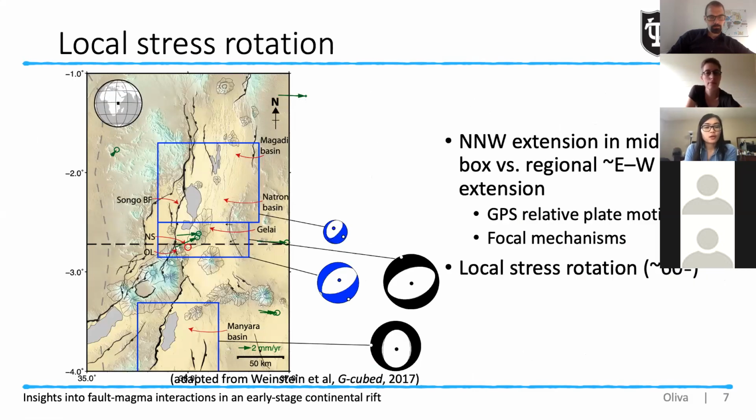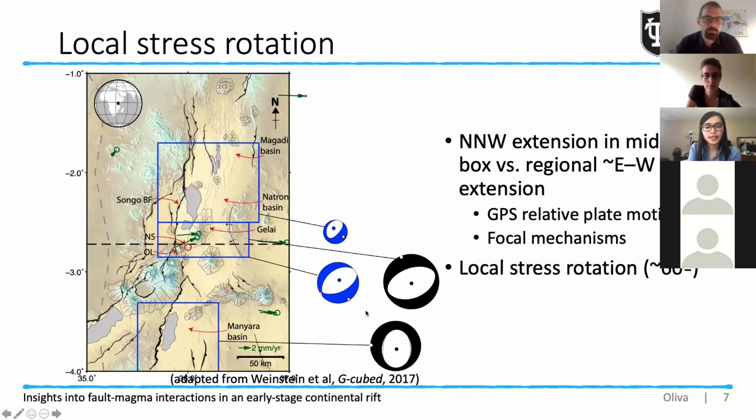This area also shows a very interesting local stress rotation. So here we have summed moment tensors, some focal mechanisms from these different regions in the area. Black beach balls represent summed teleseismic earthquakes dating back to 1964, while the blue beach balls are from local earthquakes from the 2013-2014 local array.